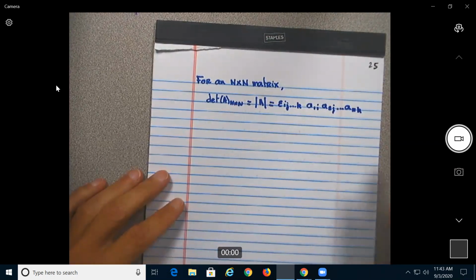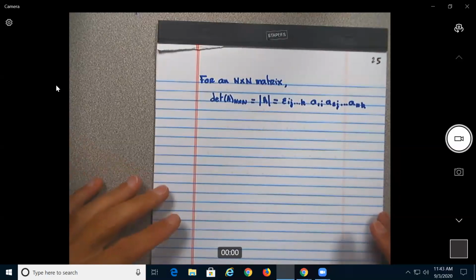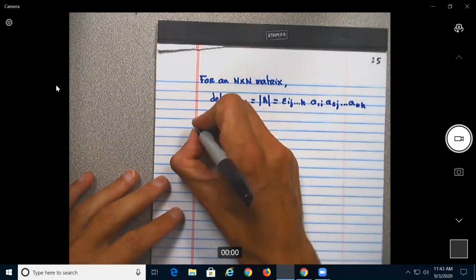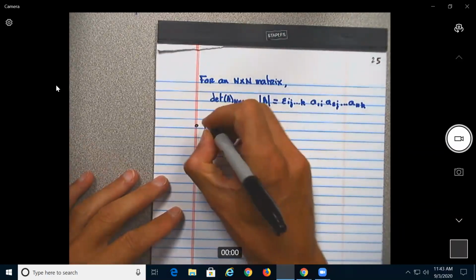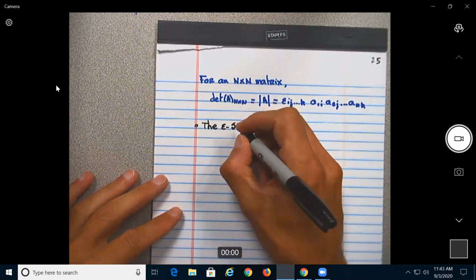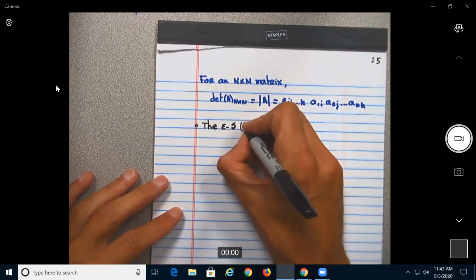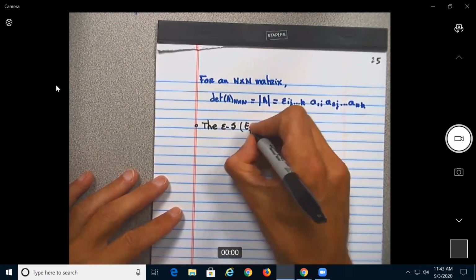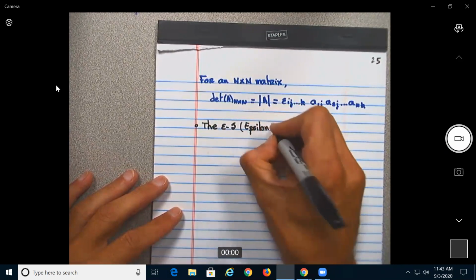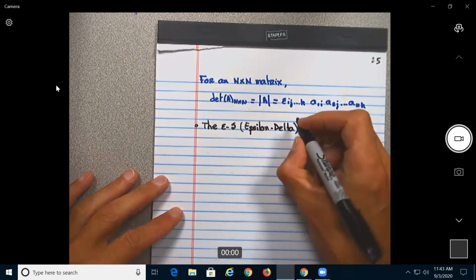All right, so now we're going to look at a new operator. So we're going to look at the epsilon delta, the epsilon delta identity.